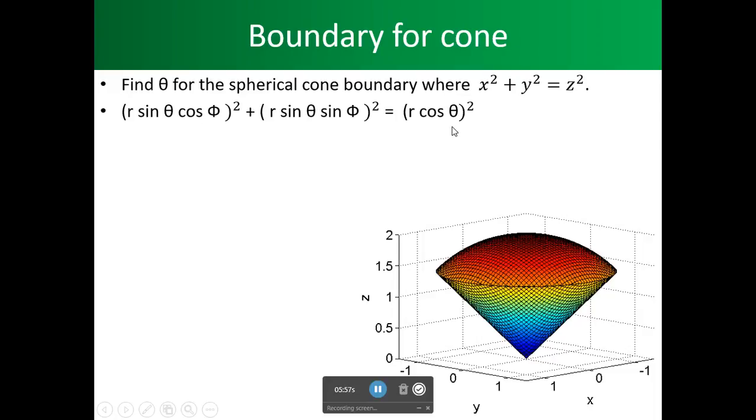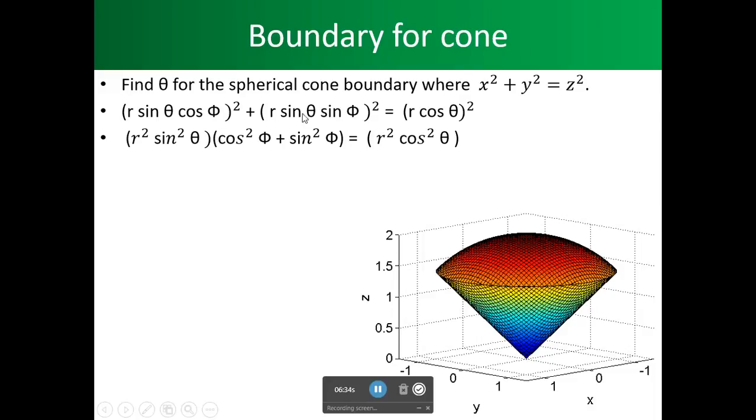So we're going to plug in for x, rho times the sine of phi times the cosine of theta, and square it. We'll plug in for y, rho times the sine of phi times the sine of theta, and square it. And for z, we plug in rho times the cosine of phi and square it. Once we do that, we can pull out a rho squared and a sine squared of phi out of each one on the left-hand side of the equation.